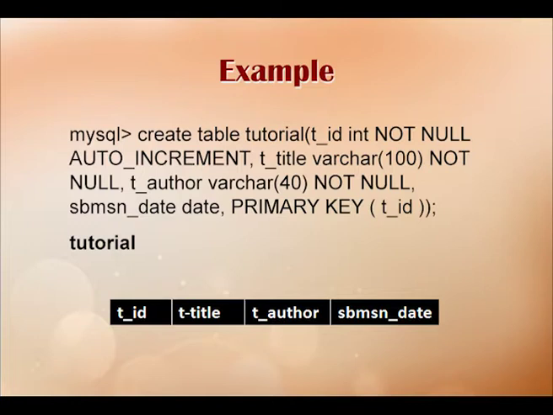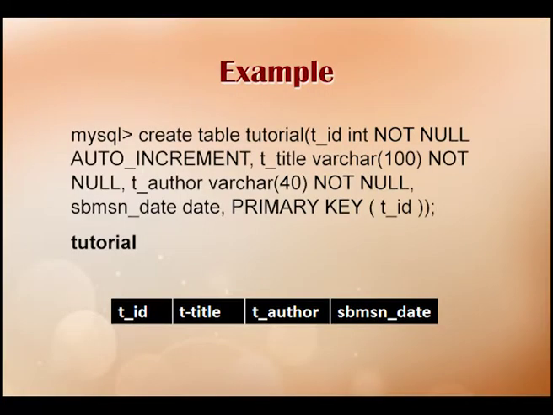This is the notation that we follow in MySQL. Whenever we want to separate two words, you have to give an underscore. Below you can see the name of the table is tutorial, and the fields are tutorial ID, tutorial title, tutorial author, submission date. These are the 4 fields I created under the table tutorial, and TID is identified as the primary key.